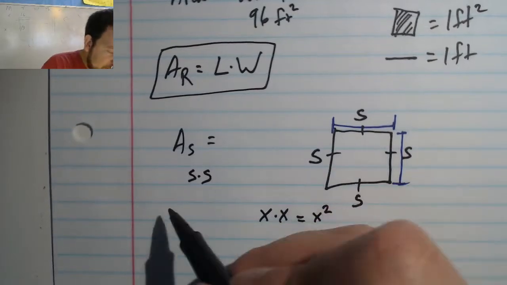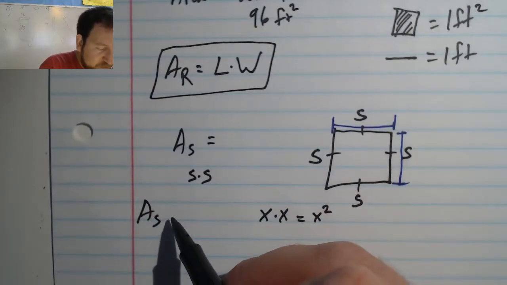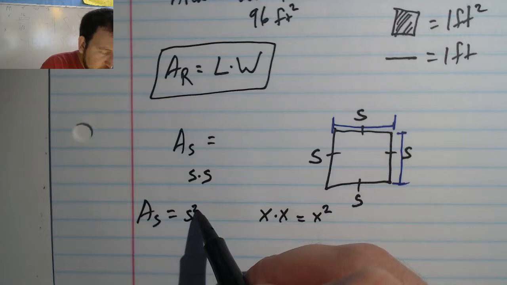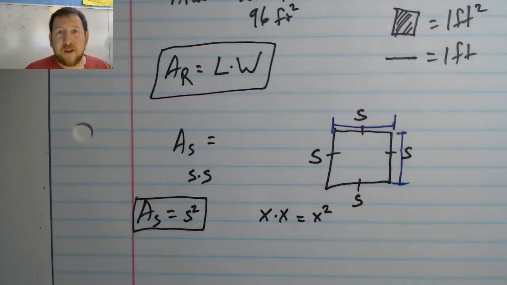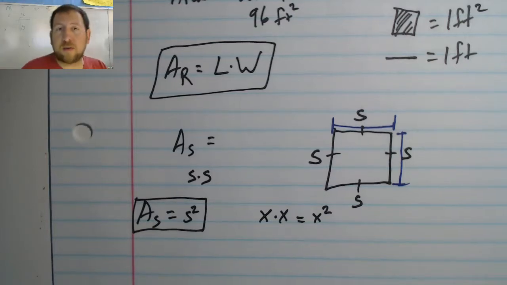So I can say that the area of the square is equal to S squared, or S times itself. And from these formulas, I can solve all of the problems that we're going to be doing.